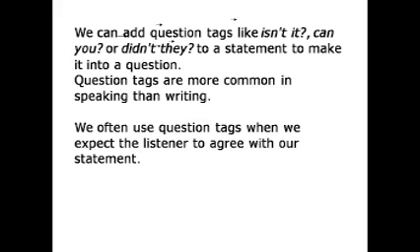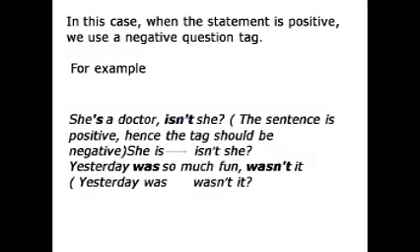We often use question tags when we expect the listener to agree with our statement. In this case, when the statement is positive, we use a negative question tag. For example, she is a doctor, isn't she? See, the sentence here, she is a doctor, is in the positive.